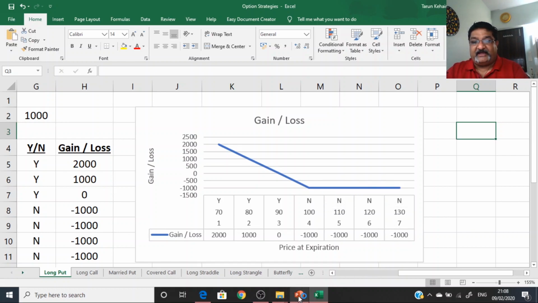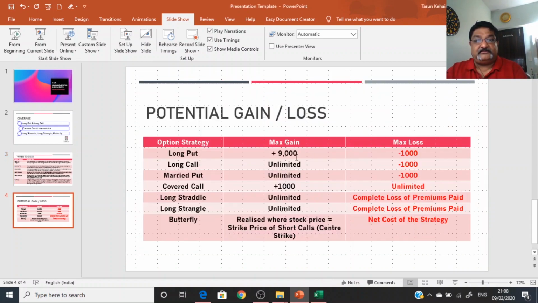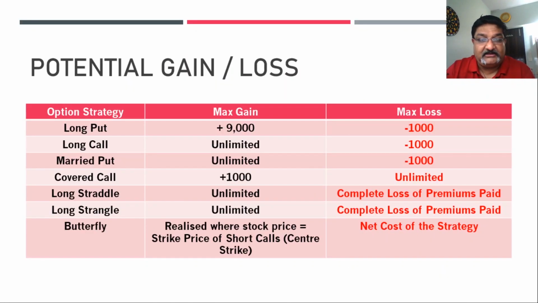So now let's go back and summarize this strategy in terms of the potential gain or loss. In the case of the long put, the maximum gain we discussed is $9,000, and the maximum loss is limited to the option premium, which is $1,000.